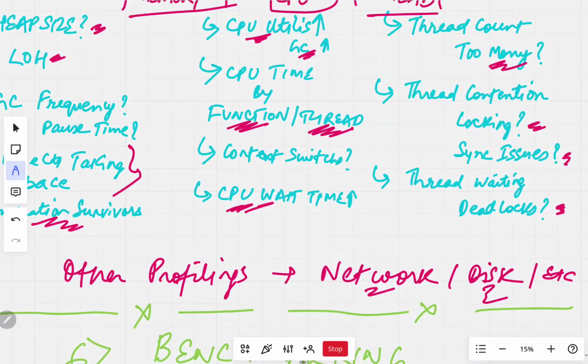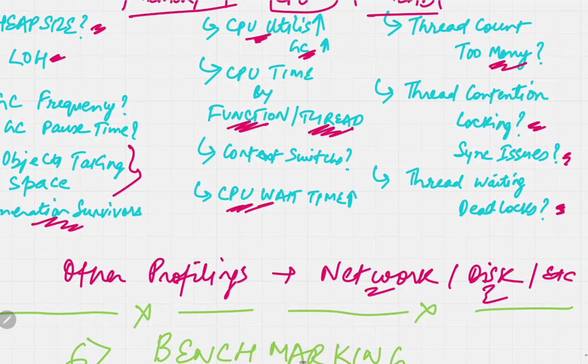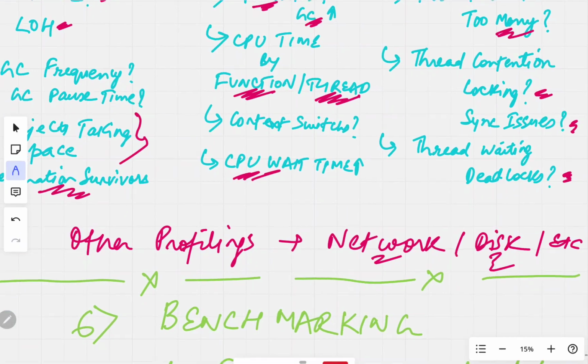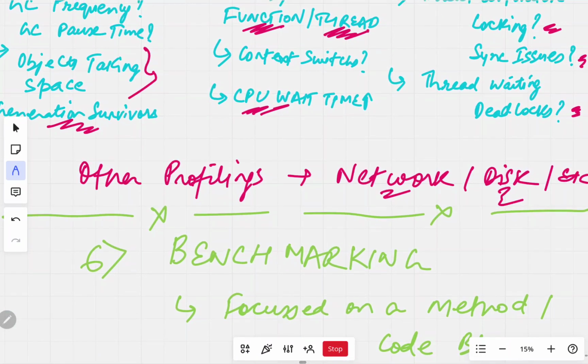Fine, suppose nothing is working out, then we have to go right at the bottom. We need to identify classes, methods, or areas which we think are causing the issue, and we need to benchmark those. So it's called benchmarking.